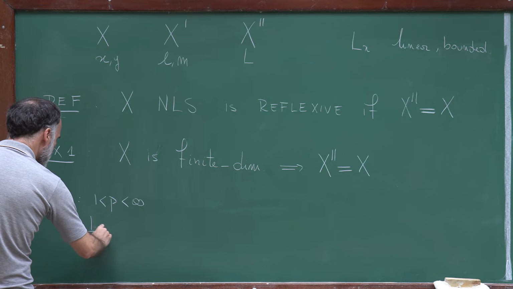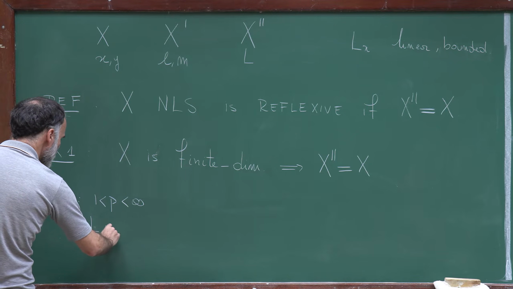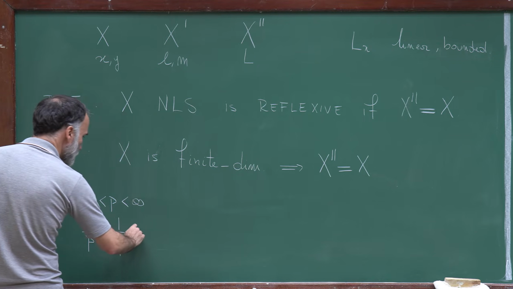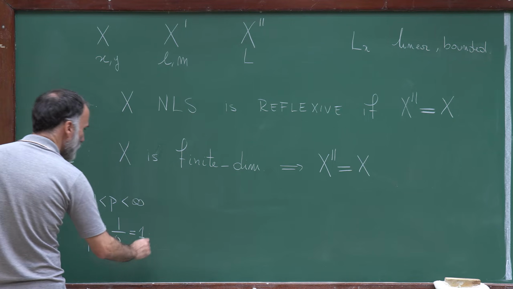Define q as the conjugate of p, so q is such that 1 over q plus 1 over p is equal to 1.